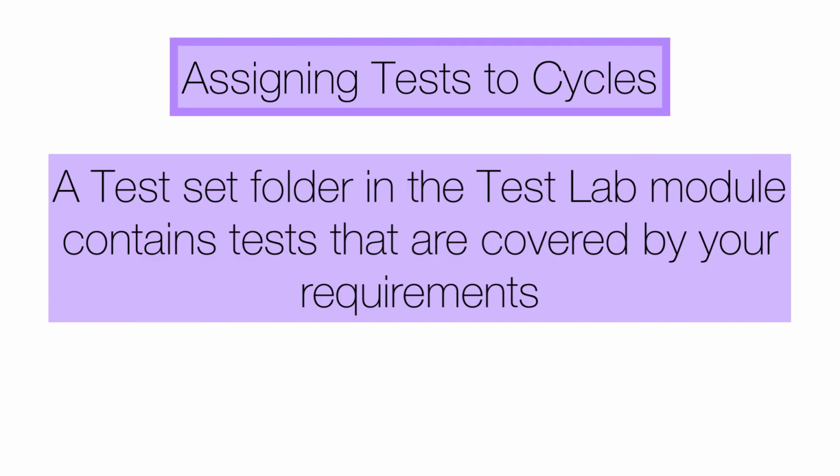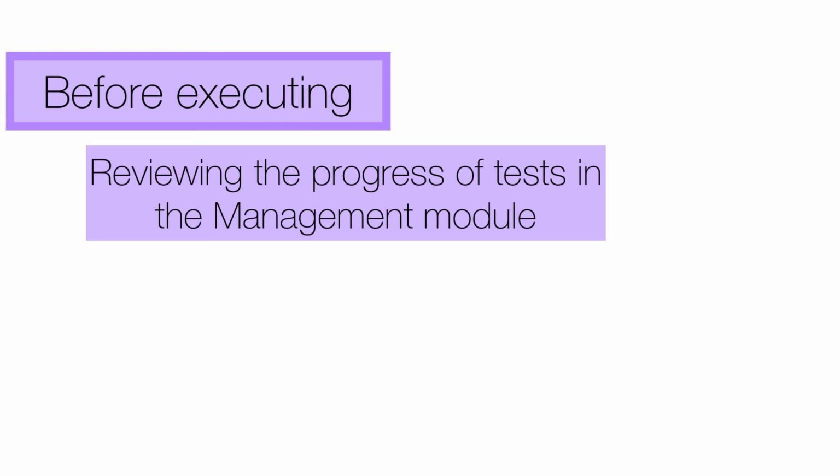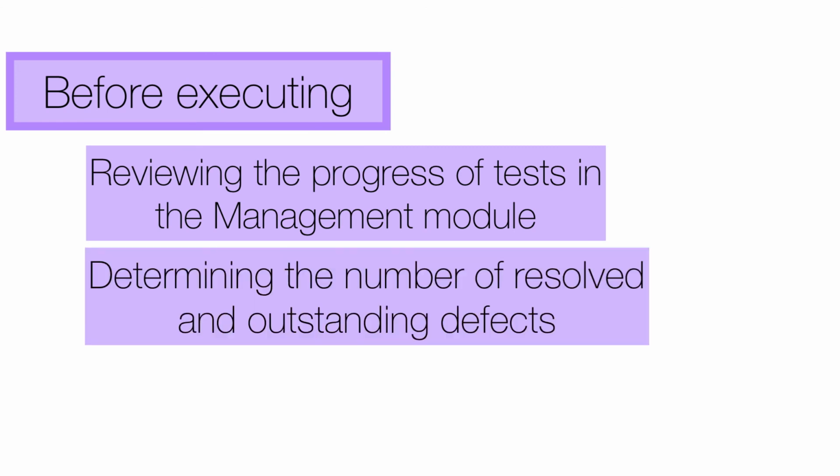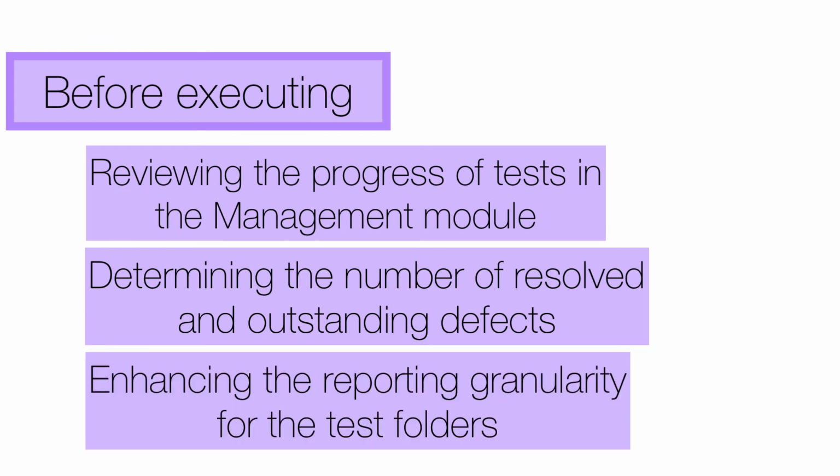Assigning tests to cycles. A test set folder in the Test Lab module contains tests that are covered by your requirements. Before executing tests for testing your requirements, you assign test set folders to a cycle for reviewing the progress of tests in the Management module, determining the number of resolved and outstanding defects at a release or a cycle level, and enhancing the reporting granularity for the test set folders.